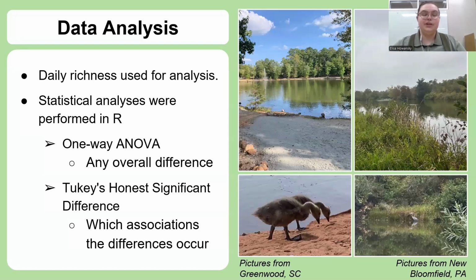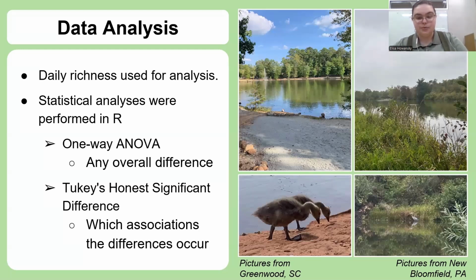This was meant to distinguish whether or not there were any differences between any of the associations overall. It didn't actually tell us between which associations those differences occurred. And those associations were in wetland or urban, Florida versus Wisconsin, South Carolina versus Florida, etc. So any of those kinds of associations.